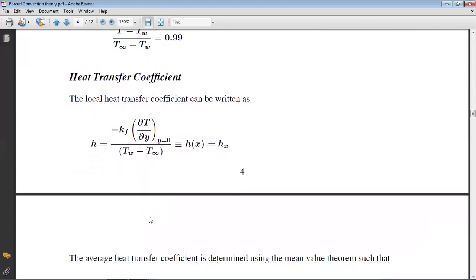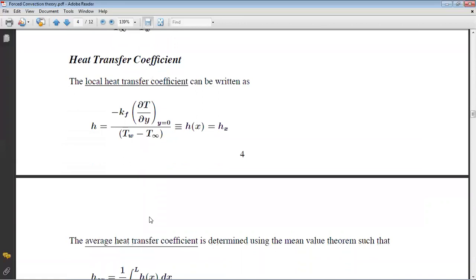Next, if you consider the value of H, it is calculated per unit area. H is nothing but, this is the Fourier law of heat conduction per unit area, and this is the temperature difference between the fluid as well as the surface.